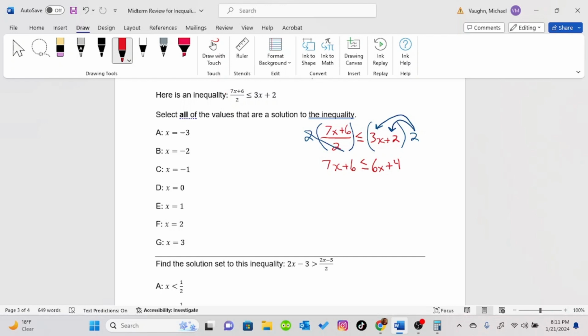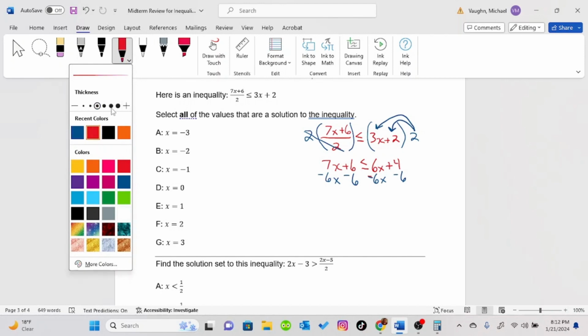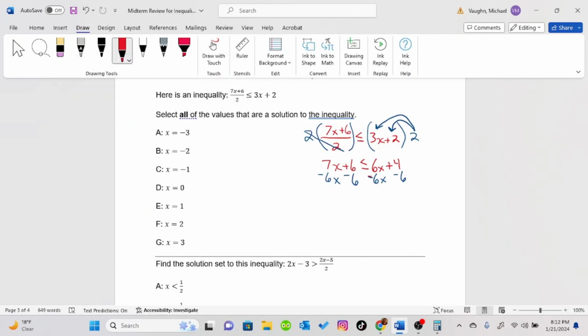Now you want to subtract the smaller x. So we will subtract 6x from both sides, so that we get the x to one side and a number to the other. 7x minus 6x is x, and 4 minus 6 is negative 2.